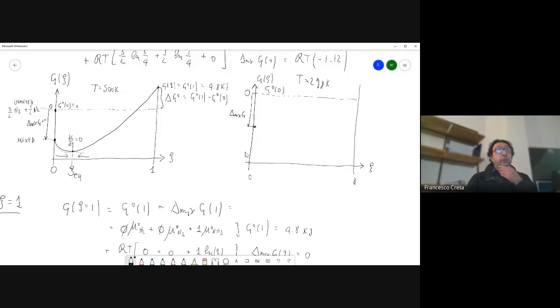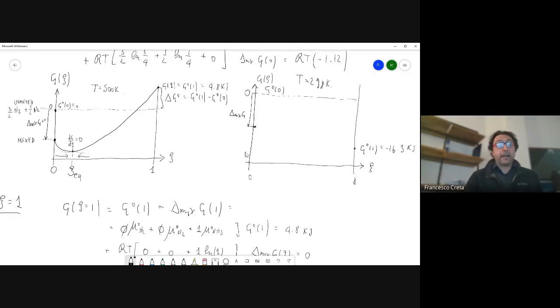So all we have to do really is change this point here, G01. You can very easily find that it's just this value here, which at this new temperature is not 4.8, but it's minus 16.3 kilojoules.